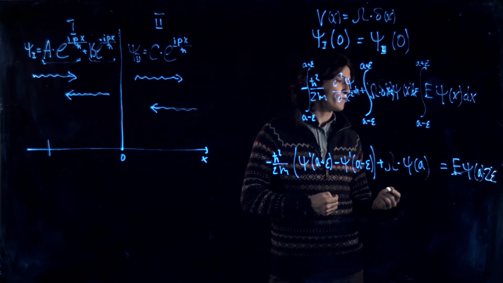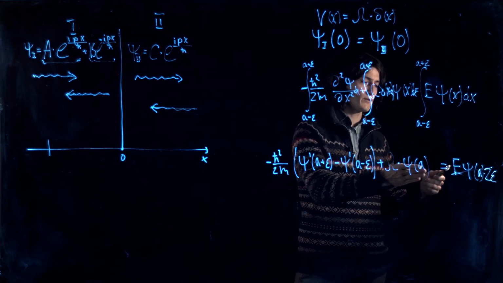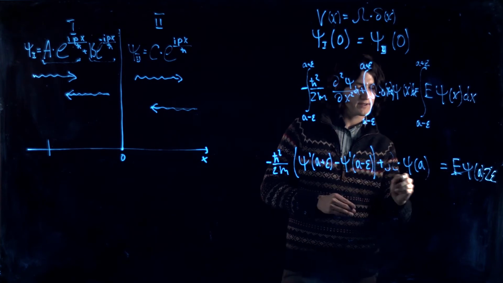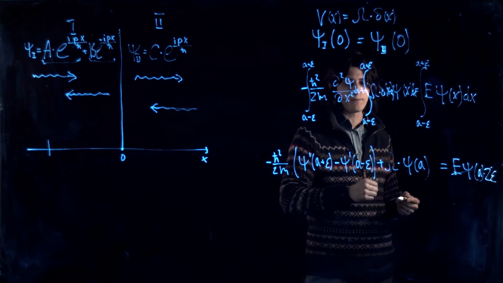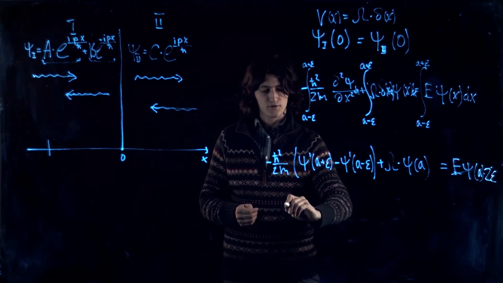And in the limit of epsilon going to 0, you can see that the third term goes out in that case too, but the second term is now not 0. So we have finally such a joining condition.